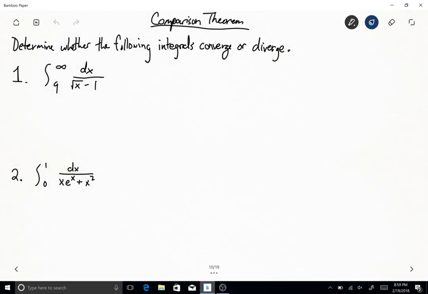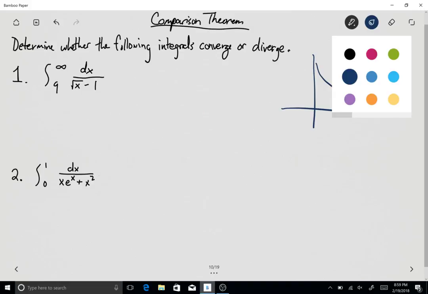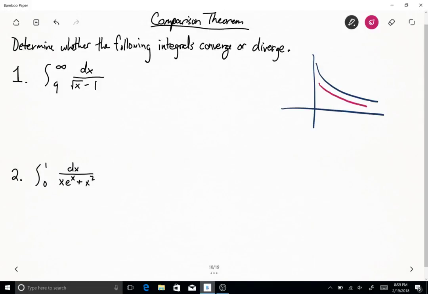So moving forward now, we're moving into the comparison theorem. Determine whether the following integrals converge or diverge. So how do we approach these things? Well, the comparison theorem, if you recall, basically states that if we have a function and another function, and say we have some starting point a, where the bottom one's g of x and the top one's f of x, and we're going on forever and ever, where g of x is always below f of x.